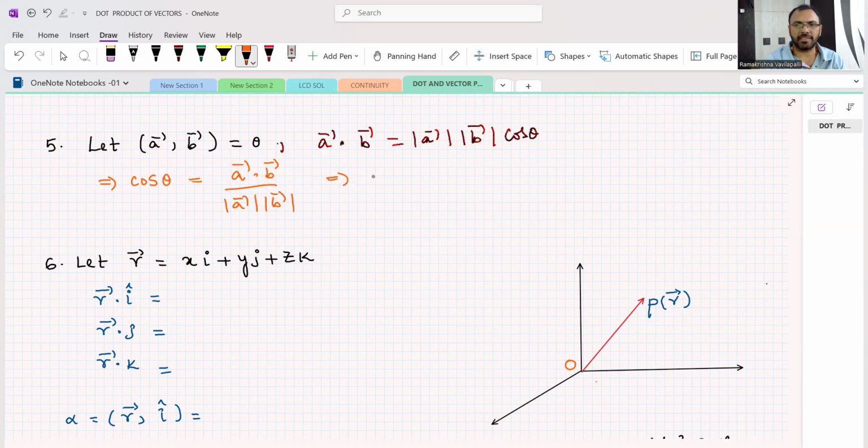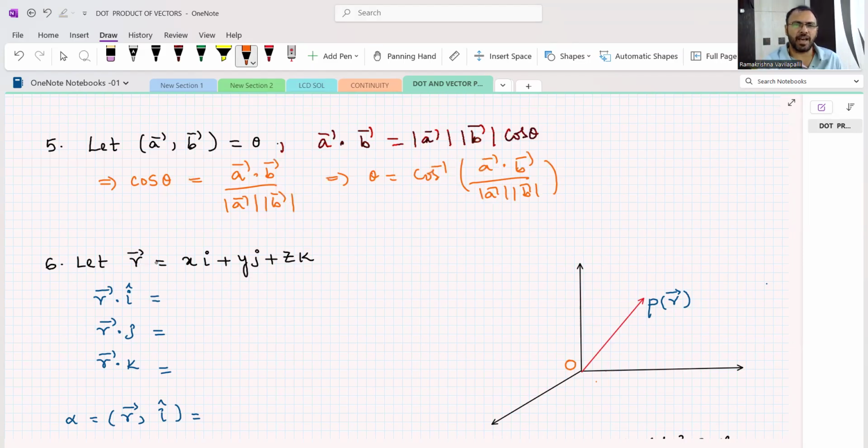If you want theta explicitly, you can write cos inverse of A bar dot B bar by mod A bar into mod B bar. Remember, the dot product of two vectors is A1, A2 plus B1, B2 plus C1, C2, that is, the sum of products of the scalar components of i, j, k.